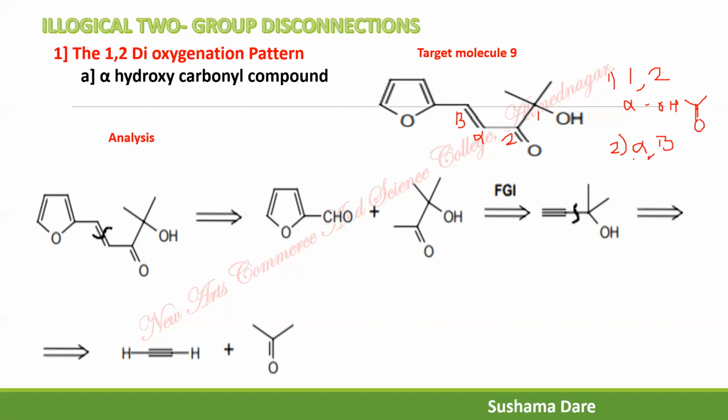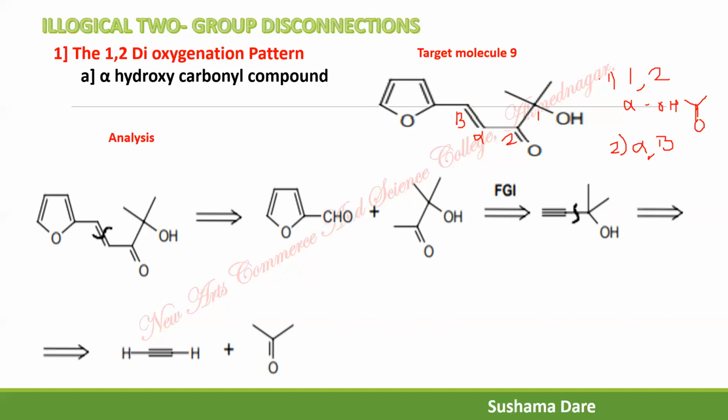Now among these two possibilities, on which relation do we have to focus first? As we already talked about the alpha beta unsaturated carbonyl compound, this part is interfering. Therefore, instead of considering this functional group first, we remove this relation, and then focus on the alpha beta unsaturated carbonyl compound.